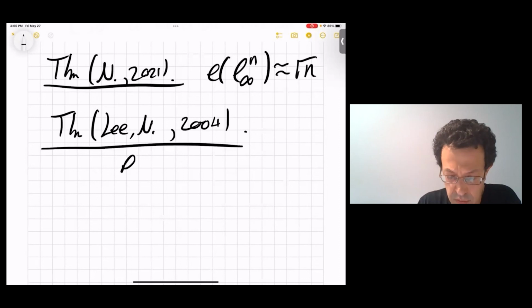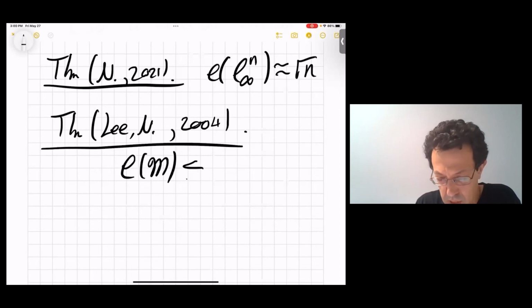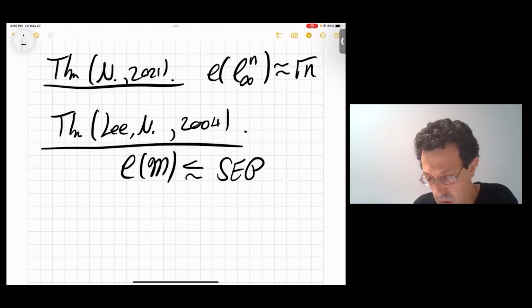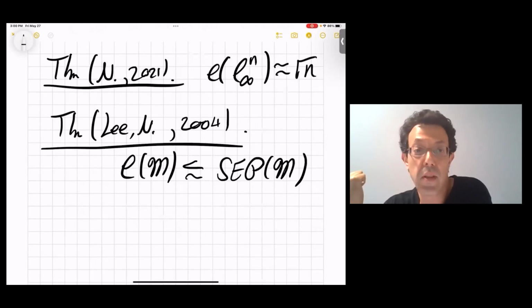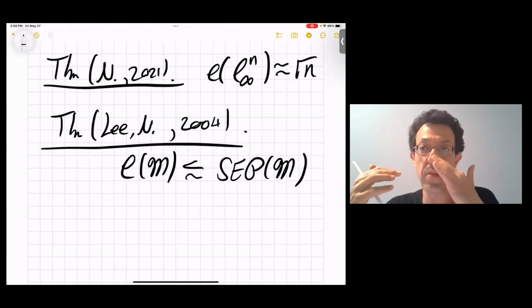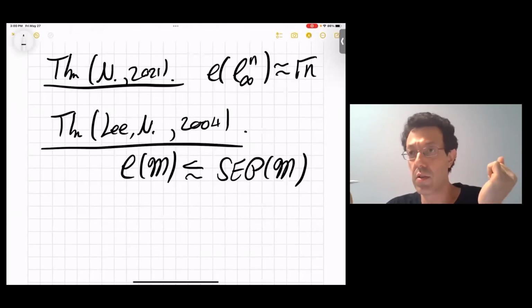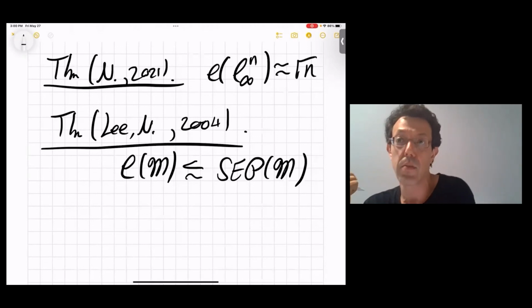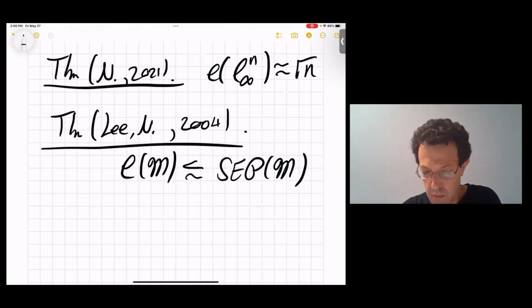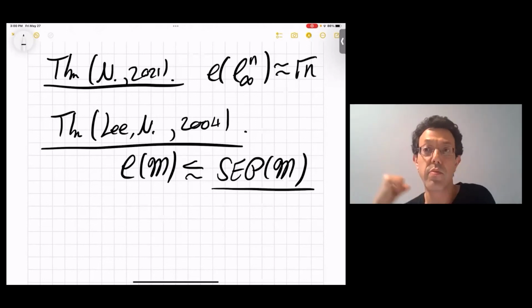It is that e of M is always at most the separation modulus of M. So I'm using the previous theorem. It's a random partition, a random version of this Whitney multi-scale partition method that people have been using forever. When you add randomization, you get this bound, and then I can use the previous theorem.